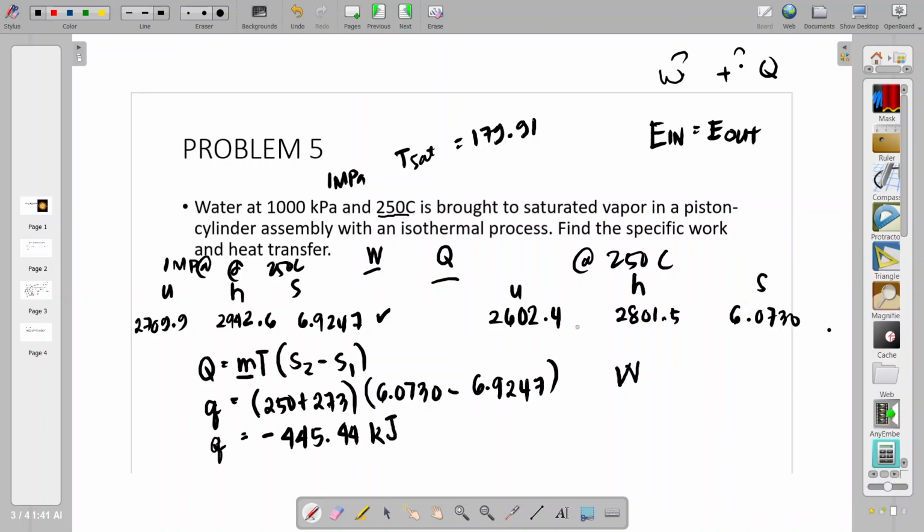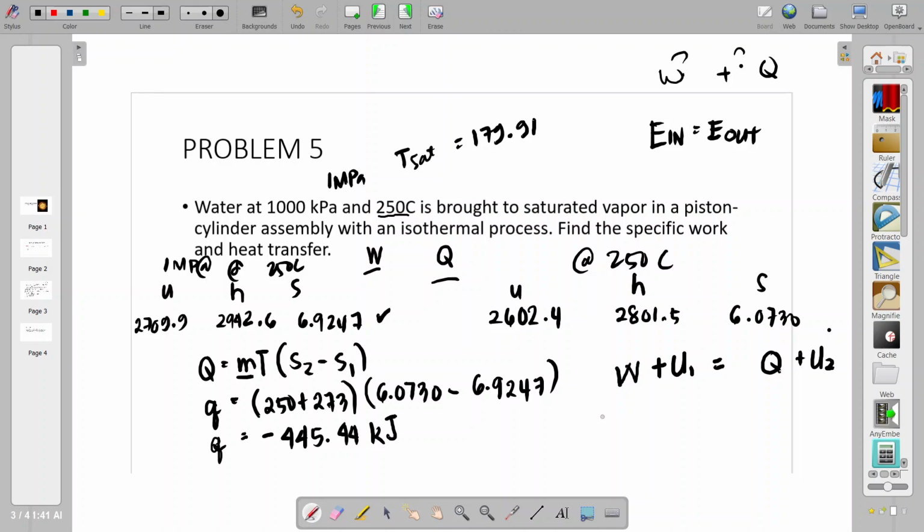So, ibig sabihin, si Q is out. O, dito siya sa kabilang side. Okay? Tapos, syempre, diba, sabi natin, we have to consider the state 1 ng U at saka state 2 ng U. State 1 sa left sides or sa inside, yung state 2 is sa out or sa right side.